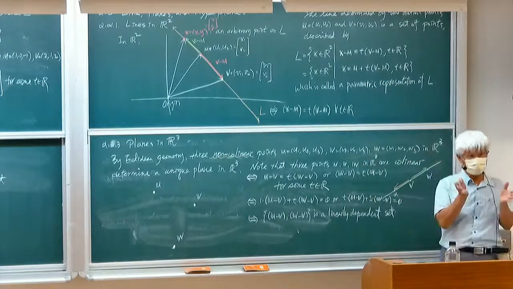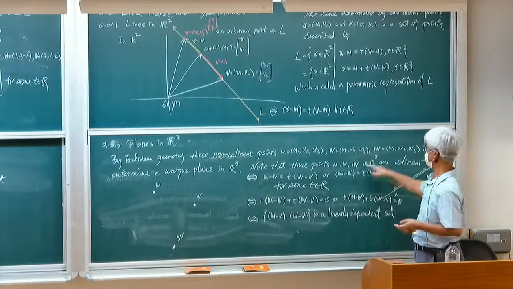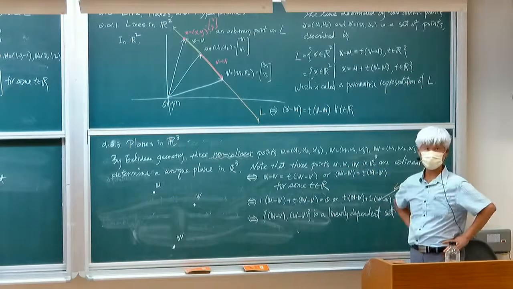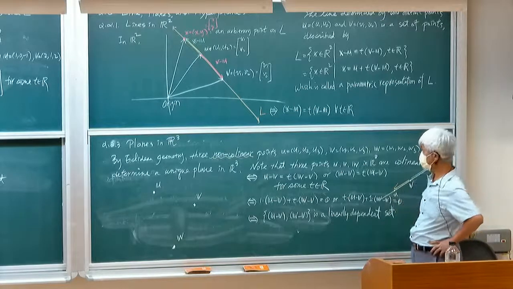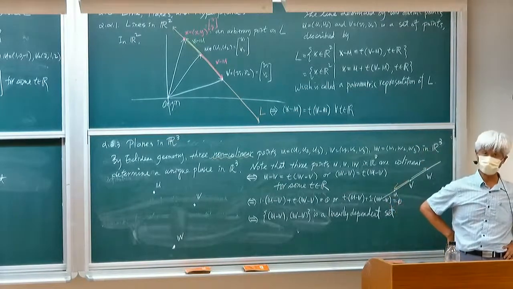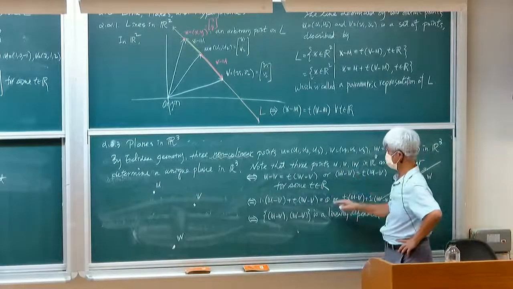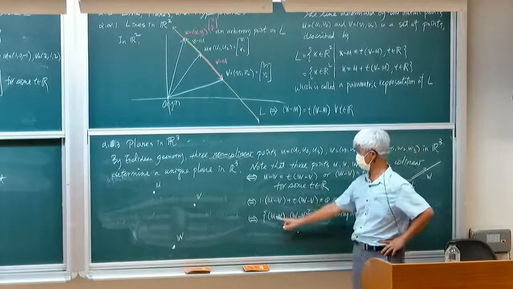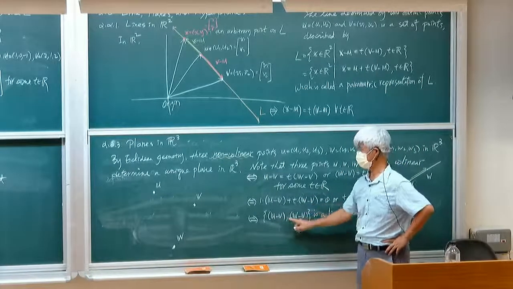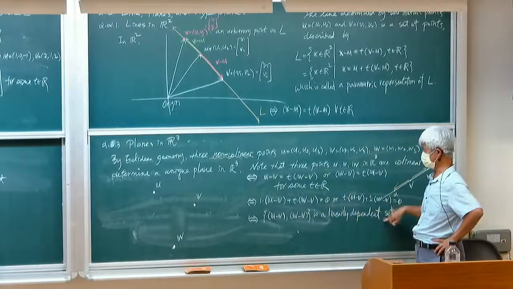So collinearity of three points can be described in terms of a concept called linear dependency, right? So you can select V as base. U minus V and W minus V, these two vectors form a linearly dependent set.